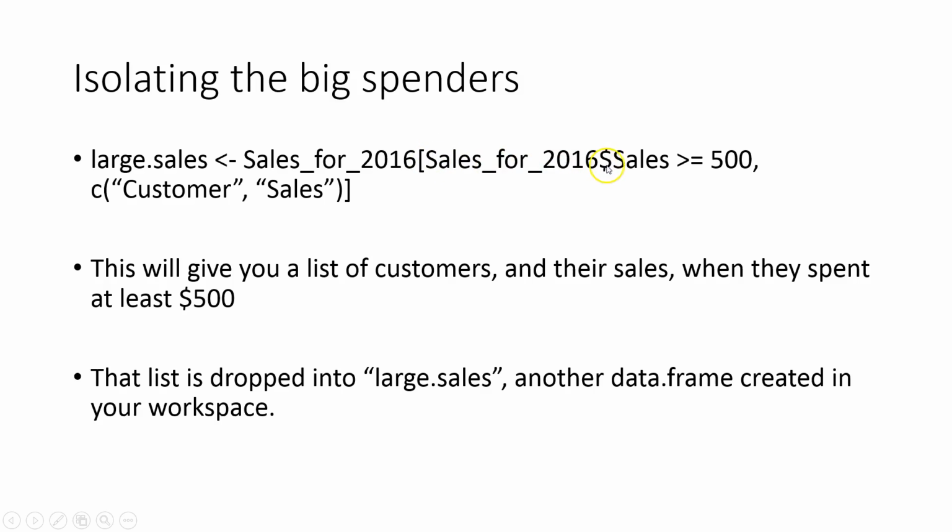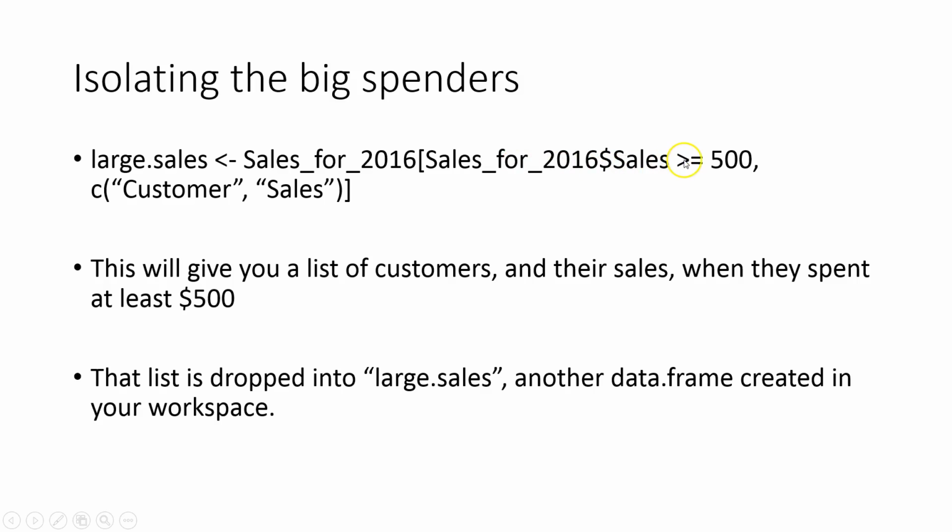Here's where I apply my logic. This field has to be greater than or equal to 500, and if it is, grab the entire record and drop it into, actually that's not quite true, grab two of the fields from the record and drop them into large sales. So let's walk through that again. Large sales is my new data frame. I'm going to set it equal to the file name sales for 2016, then the field name.